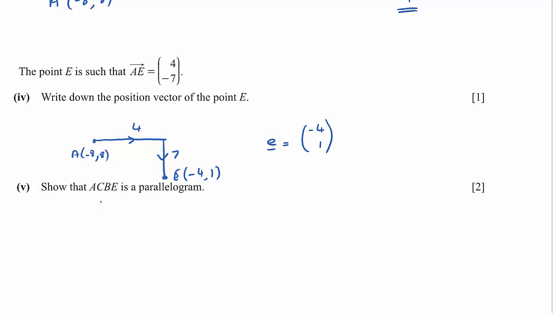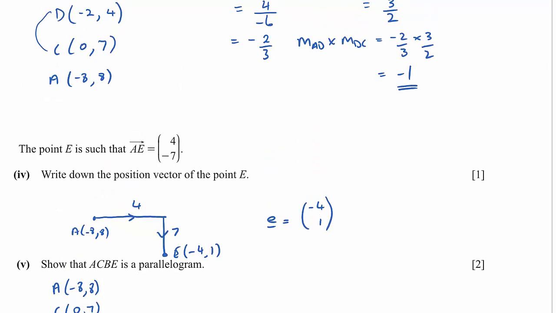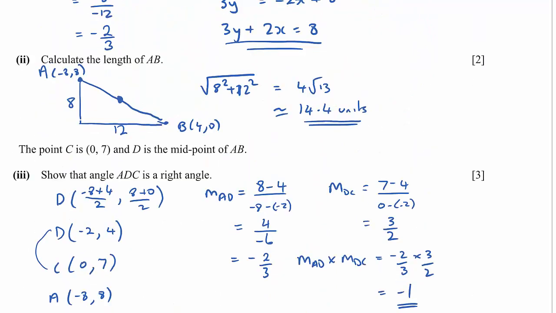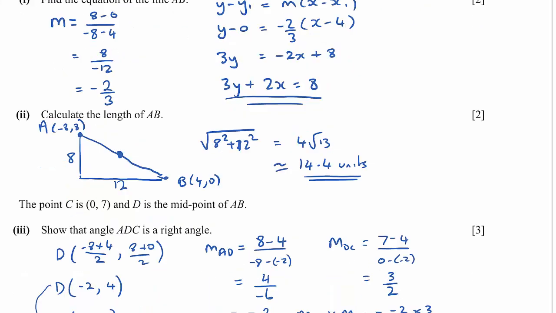And we want to show now that ACBE is a parallelogram. So A is (-8, 8). C was (0, 7). So what else have we got? ACB. If I can remember what B is. B is (4, 0).